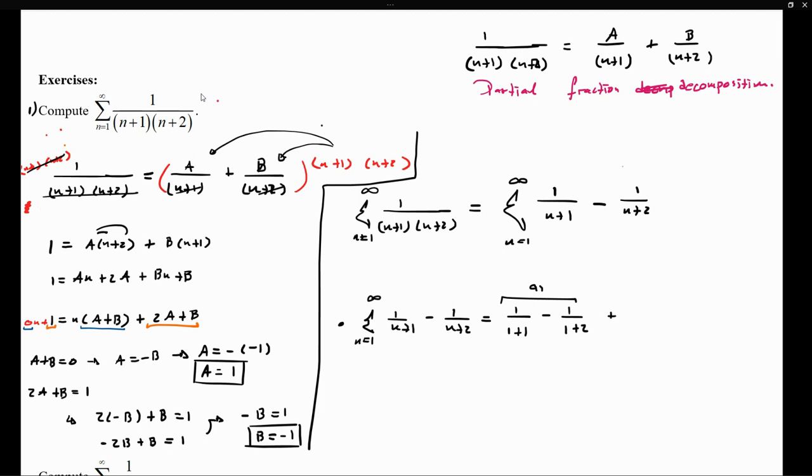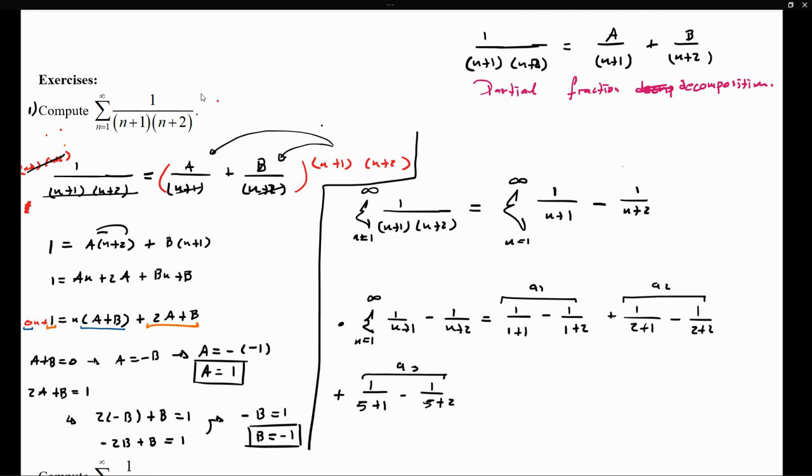Let's find the second term. Well, let's plug in n equals 2. So we're going to get 1 over 2 plus 1 minus 1 over 2 plus 2. This is the second term. Let's go all the way to 5. So to get the fifth term, let's plug in n equals 5. Oh, I'm sorry, this is the third.